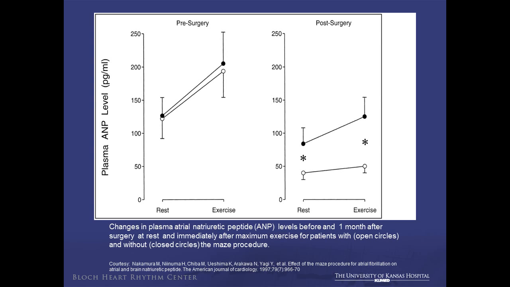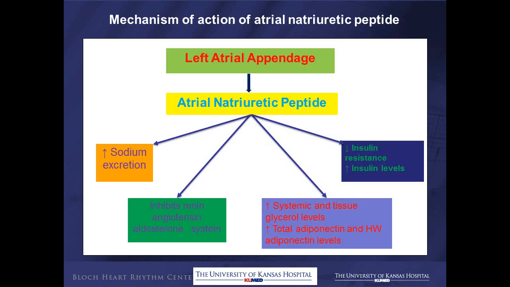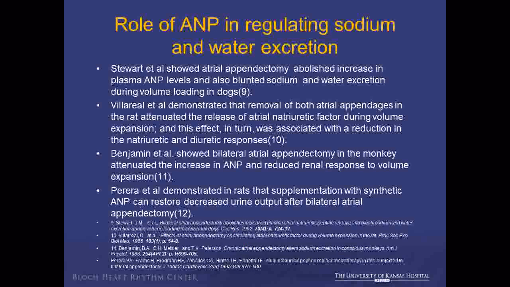And their response to exercise, the release of ANP levels with exercise seems to be attenuated when their appendage is ligated. So atrial natriuretic peptide plays a very important role in sodium excretion. It inhibits the renin-angiotensin-aldosterone system. It increases the systemic and tissue glycerol levels, so it plays a major role in lipid metabolism. And it decreases insulin resistance and increases insulin levels.